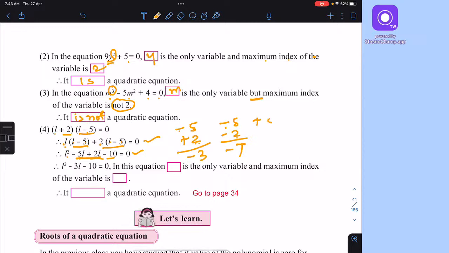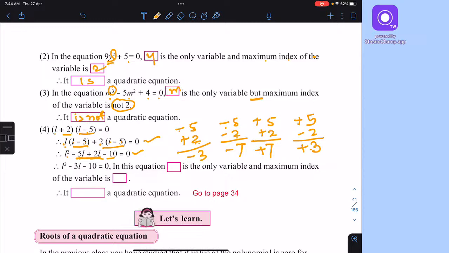When you are having plus 5 and plus 2, when both have the same sign, you have to add the numbers and give the same sign, plus 7. And if you are having plus 5 and minus 2, if the signs are different, you have to take the difference of the numbers. 5 minus 2 is 3 and the sign of the greater number is plus, so it is plus 3.